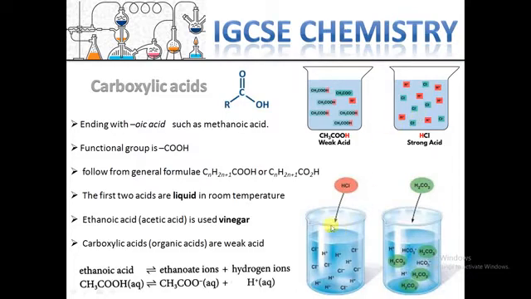Here I also put another picture in another form, where you can see a strong acid like hydrochloric acid dissociates very well, separating into ions, but with ethanoic acid only some of the molecules dissociate into ions. The rest remain in molecule form.